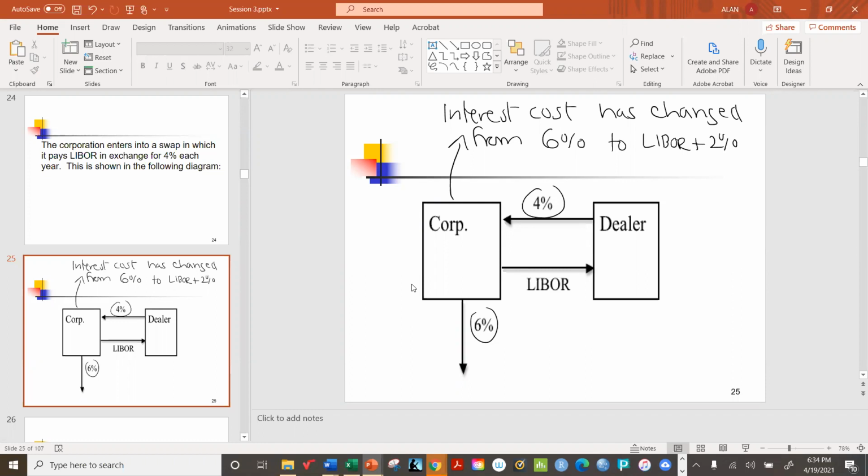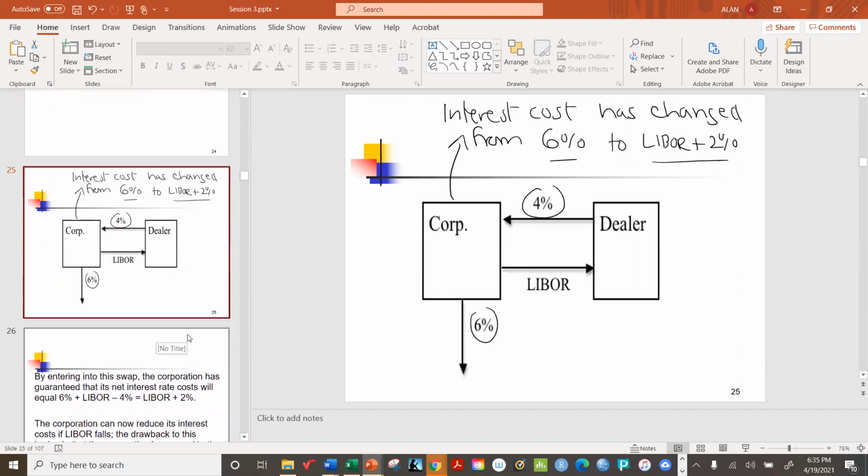Why is it plus 2? Because they're receiving 4% from the dealer and they are paying 6% to the bondholders. So this way, if they are correct and LIBOR drops, they could save some money. But if they're wrong, they could end up paying even more.